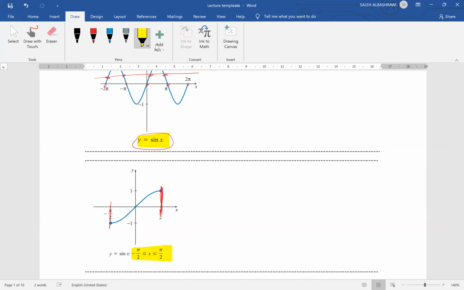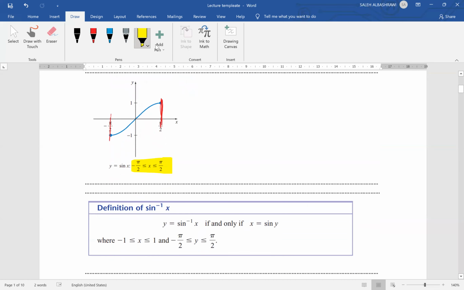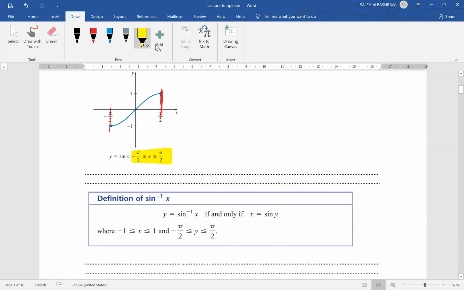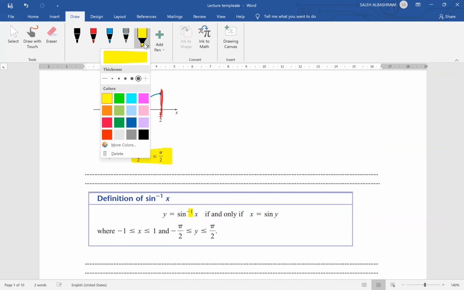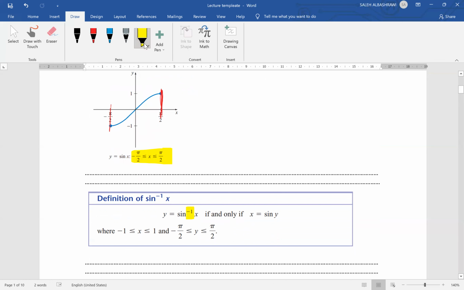And the inverse function is defined to be y equal to sine inverse x if and only if x equal to sine y. This notation means inverse. It is not a power. It is not sine to the power minus 1.